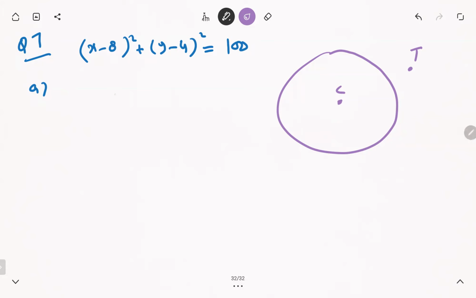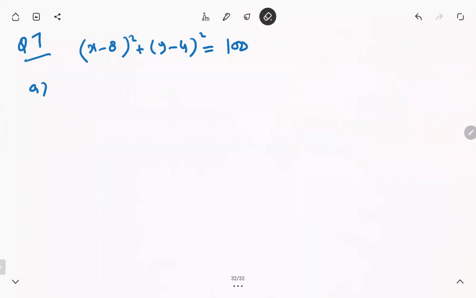And the radius you can already see from the question is 10. So you only have to find the length CT by using the distance formula, and the coordinates of C you know, they are 8, 4. So you can do that. I hope you found that the length CT is more than 10. So if it is more than 10, it's proved.